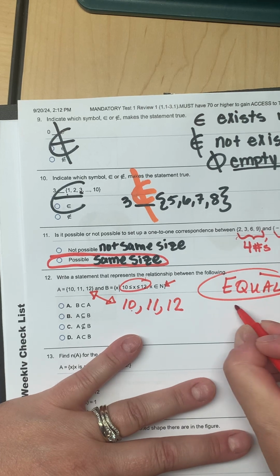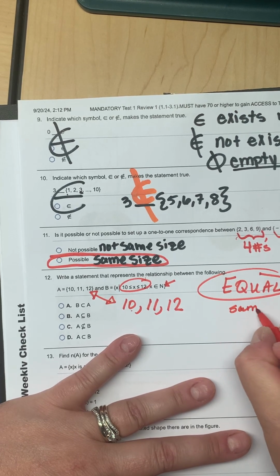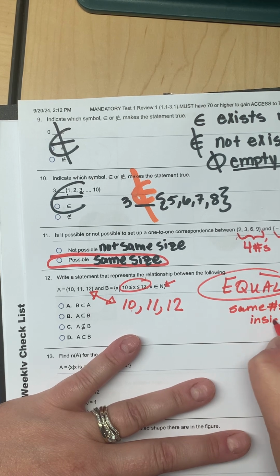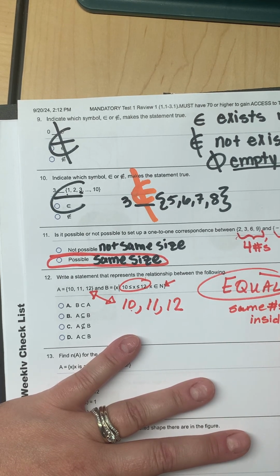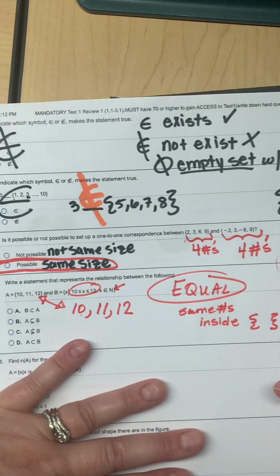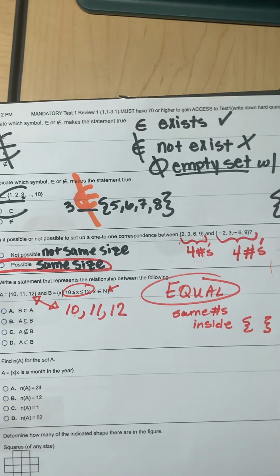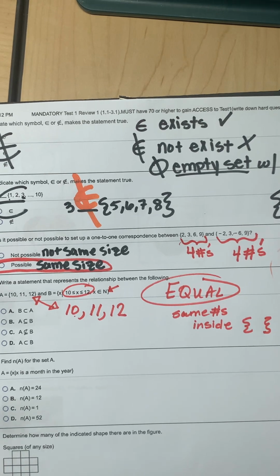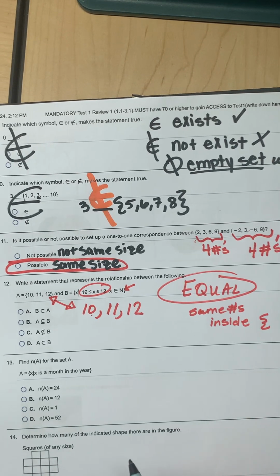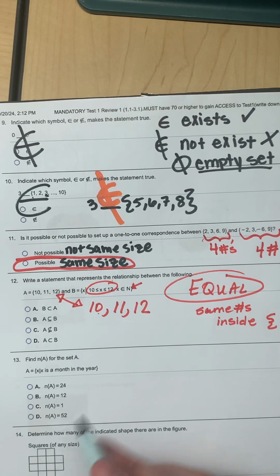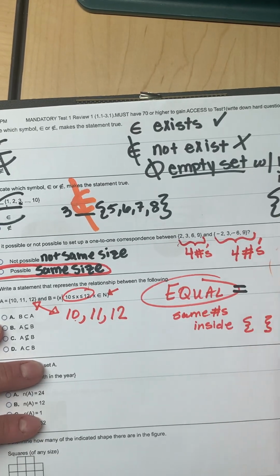And they're equal because they're the same numbers inside the squiggle thingies. So we're going to pick out the answer choice that has an equal. It's okay if you don't understand the other symbols. We definitely need that equal. And when I say equal, it doesn't have to be like this.